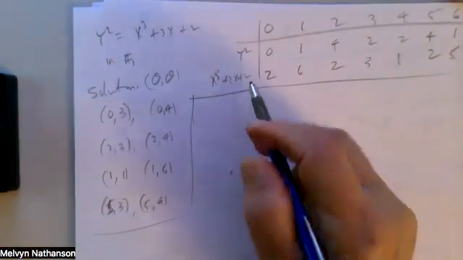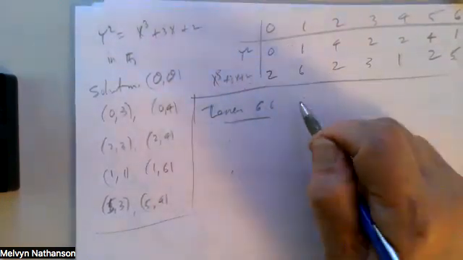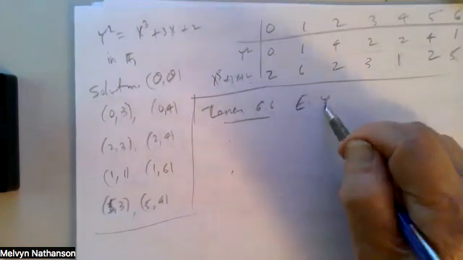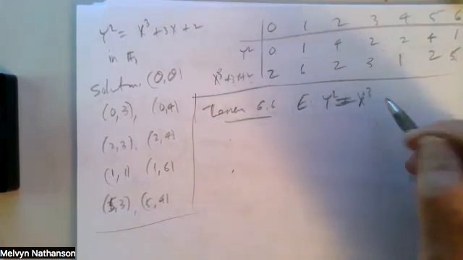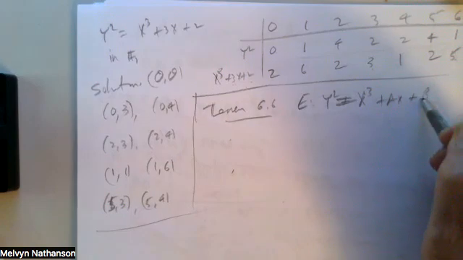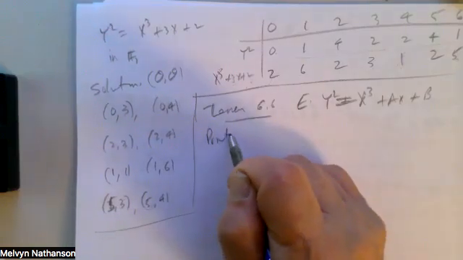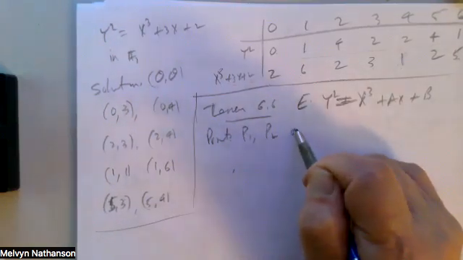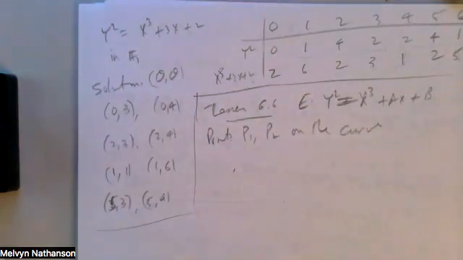In the book, this is theorem 6.6, where you have the elliptic curve E: y squared equals x cubed plus ax plus b, and you have points P1 and P2 on the curve. And this makes sense whether we're working over the real numbers or over a finite field.